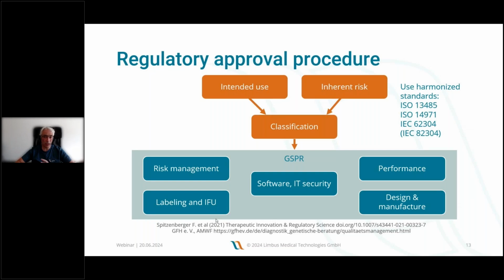These are officially listed standards that you can use, and by demonstrating compliance with those more specific standards, you automatically imply compliance with the general safety and performance requirements. Particularly for software, there are quite extensive standards, IEC 62304 or IEC 82304, which concern everything related to software development and IT security.